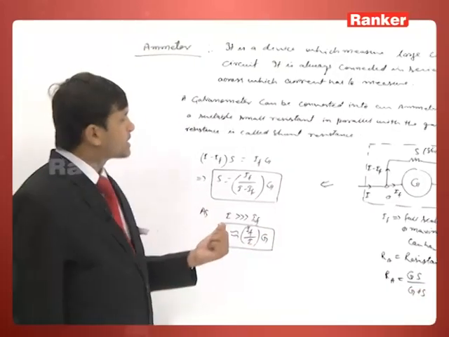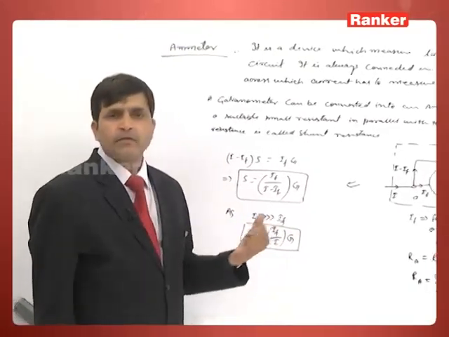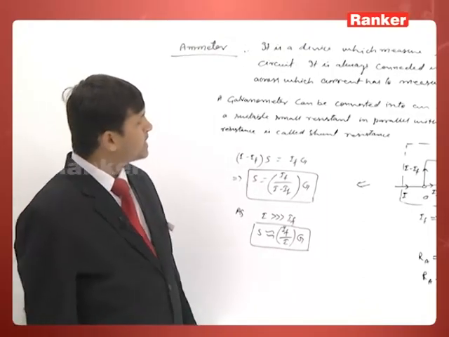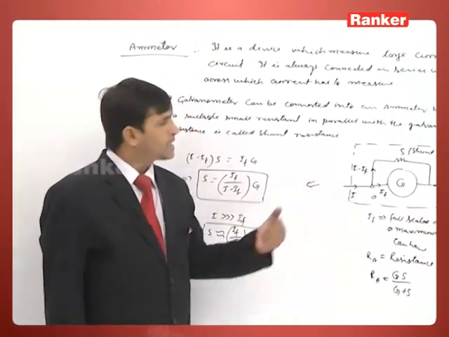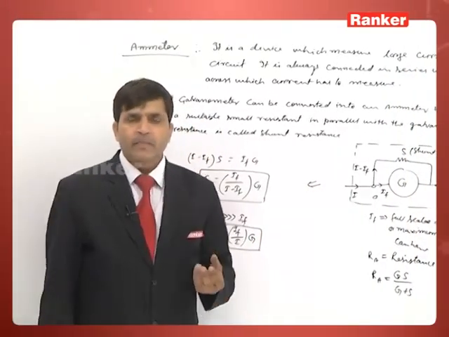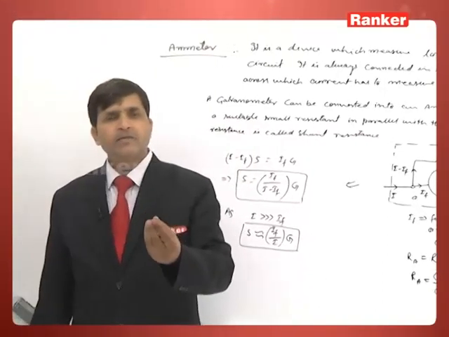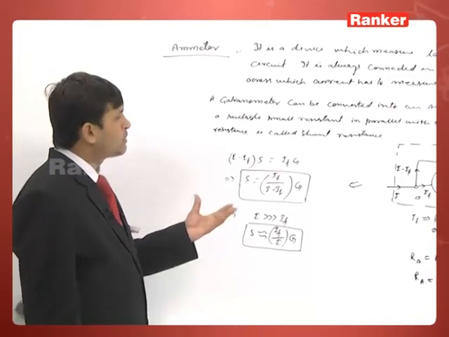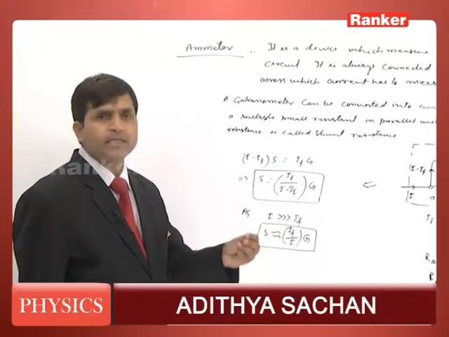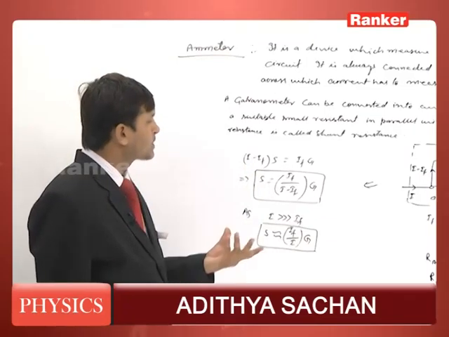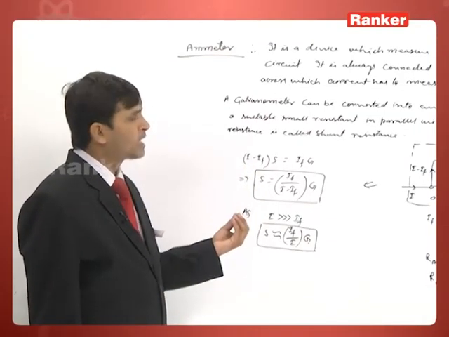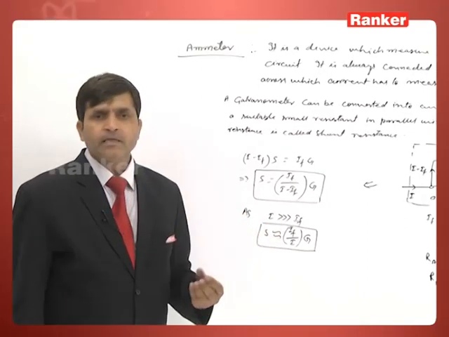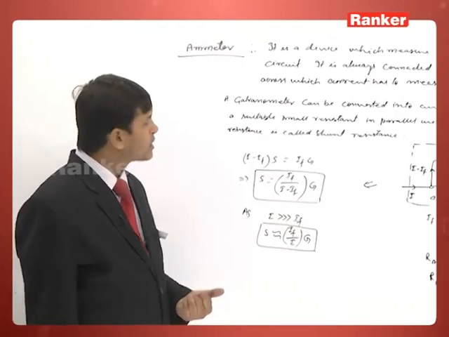As the resistance of the circuit increases, the current in the circuit slightly decreases. So when we connect an ammeter to the circuit, it actually measures a little bit less current than the desired value. So there is always certain error in the ammeter reading. Now we would like to calculate how much the error in the ammeter reading is, and whether that error can be nullified or removed or not. Let us see.